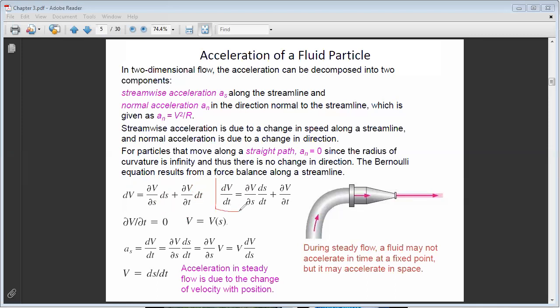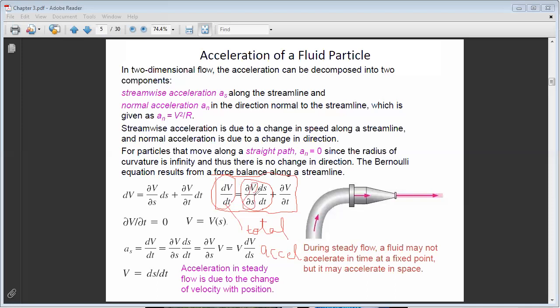This result tells me that acceleration in a flow field is decomposed into two terms. This is called the total acceleration. This term is due to change of velocity with position.